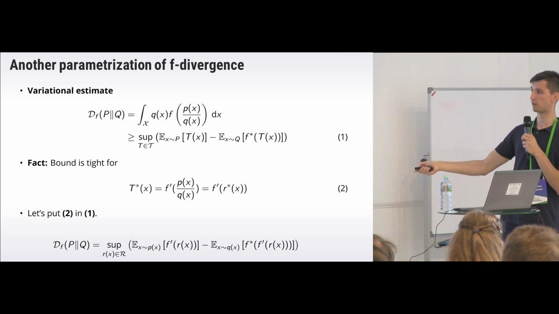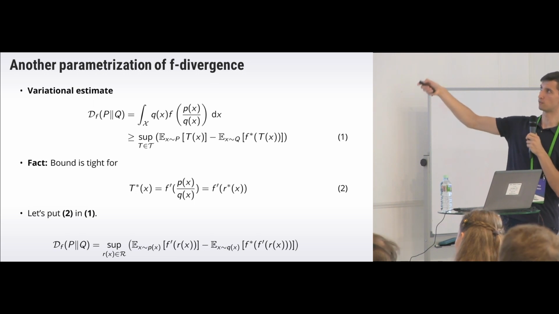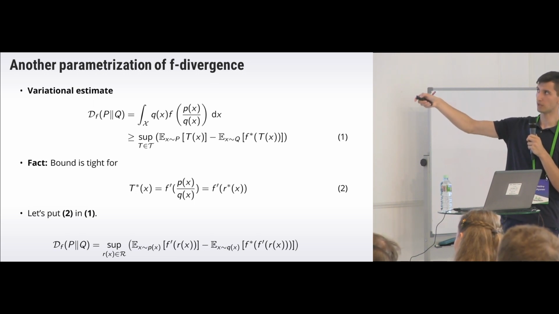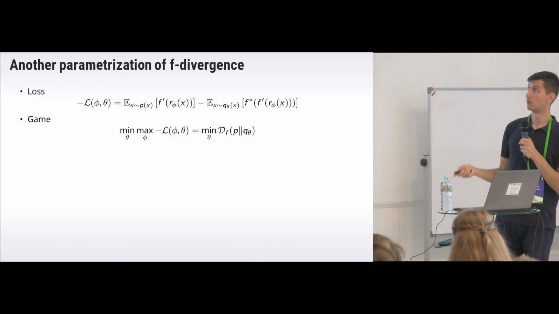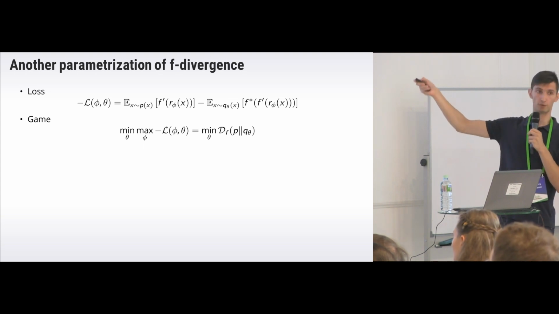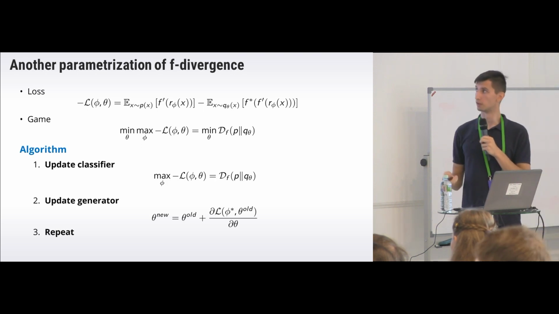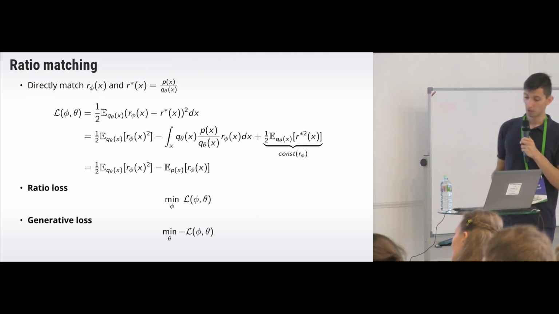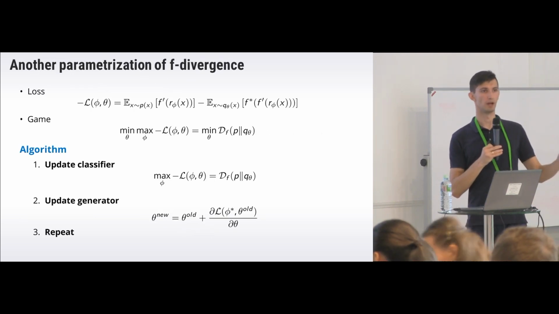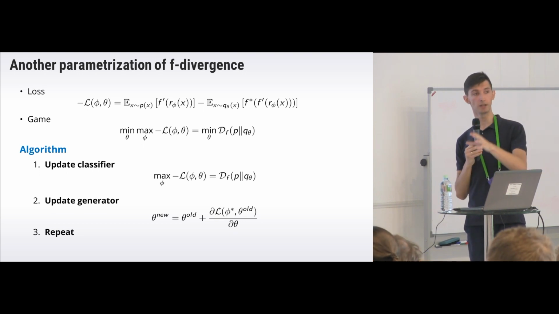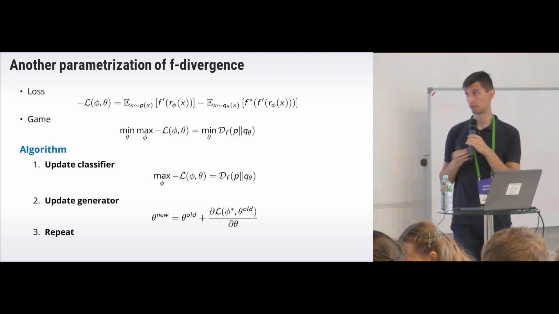Our objective will look like that. Basically, we put t inside of this formulation and change our optimization space from t space into r space. And immediately we get another loss for training our generative model. Everything else stays the same. So that was basically about defining some loss that gives you a guide, and then using this guide to train a generator.